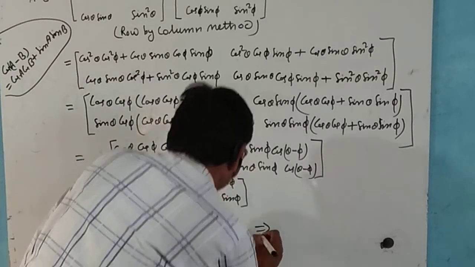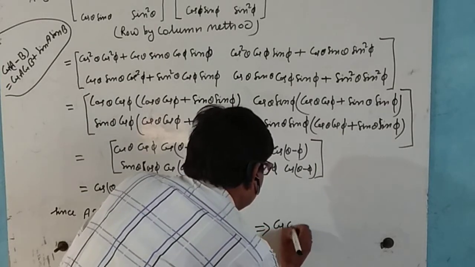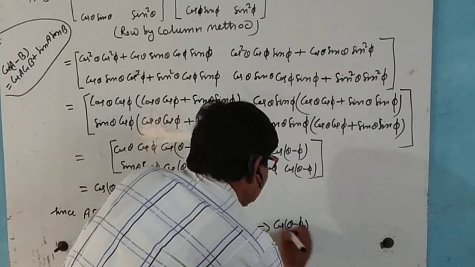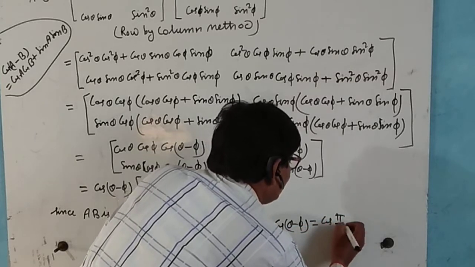This implies that cos(theta minus phi) equals cos pi by 2.